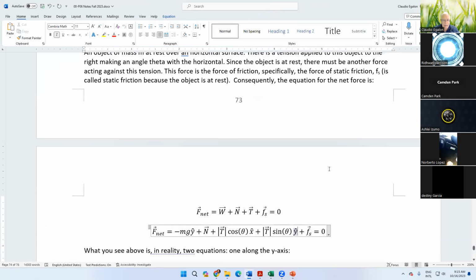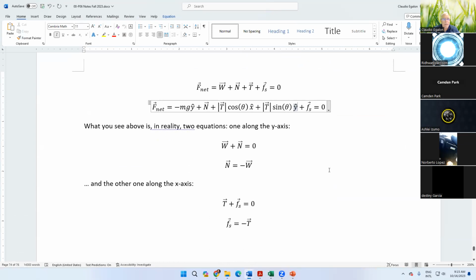Okay, there is a little change here, because now my normal will be affected by this component of the tension. So we must have a third term along the y-axis that's going to be given by that.